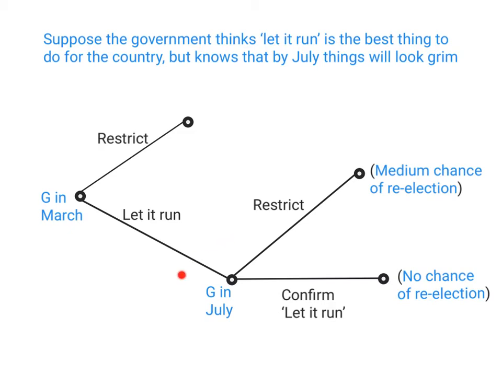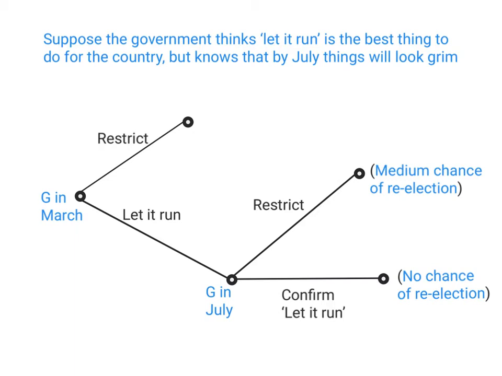It can either change its mind at that stage in July and restrict movement, introduce social distancing, quarantining, mask wearing and so on. And let's say if it does that, if it changes course, it'll have a medium chance of re-election. But during this crisis in July, when everyone's calling on the government to act, if it simply lets the virus run, it gets worse.